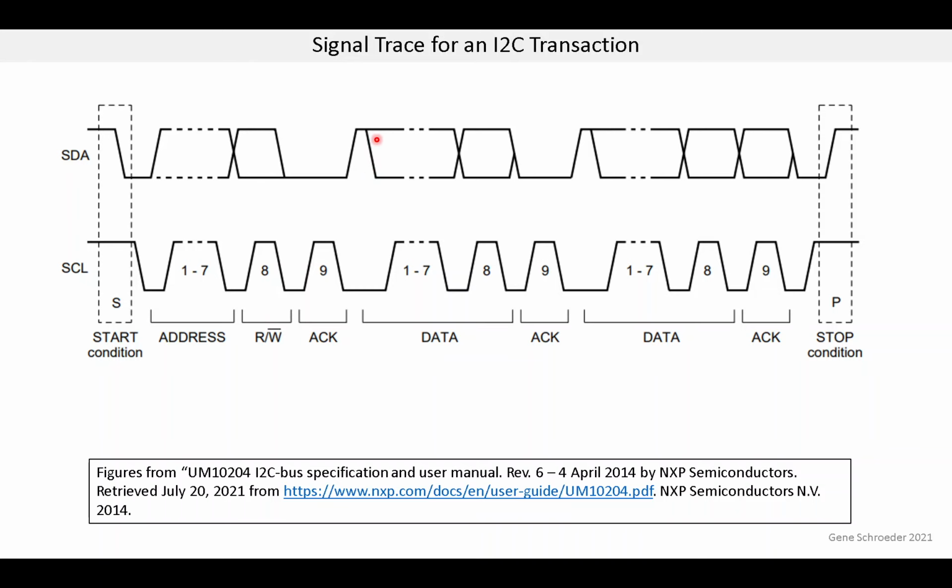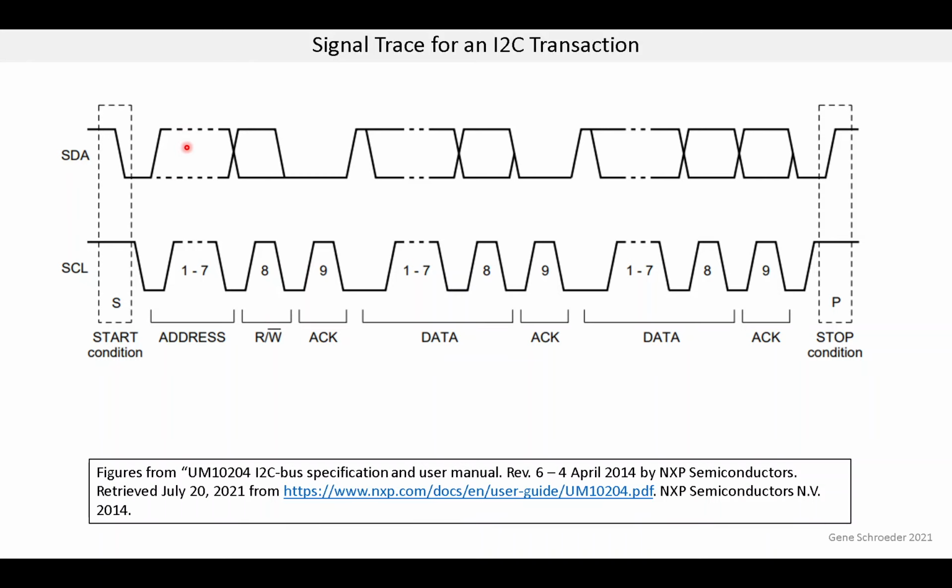The question is, if you were trying to receive these bits, you would say, well, where does a particular bit start and end? And this is where the clock signal comes in. And it's fairly simple for I2C. Whenever the clock signal goes from low to high, you should look at the value of the SDA.